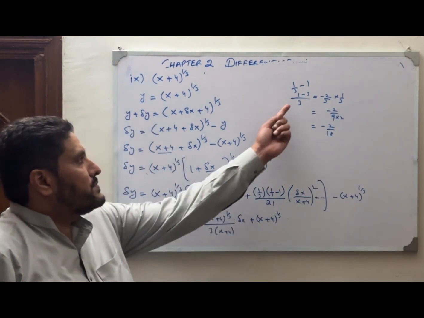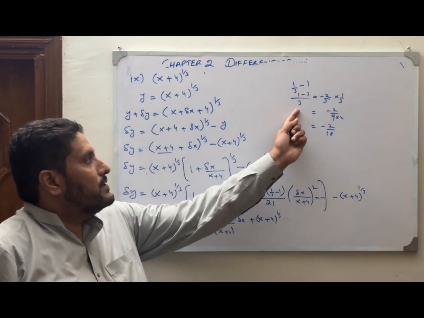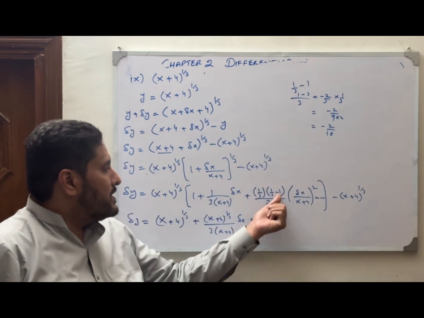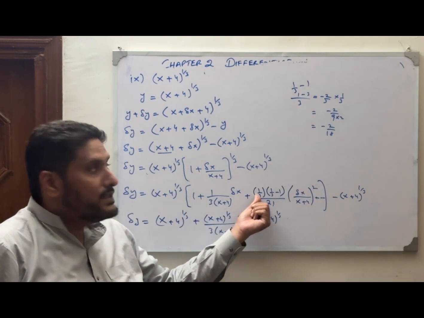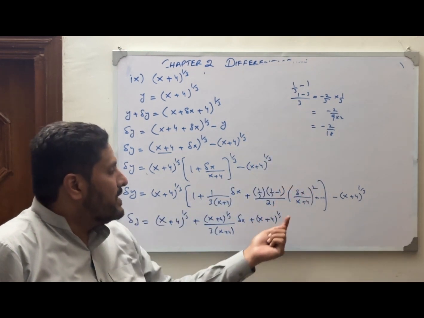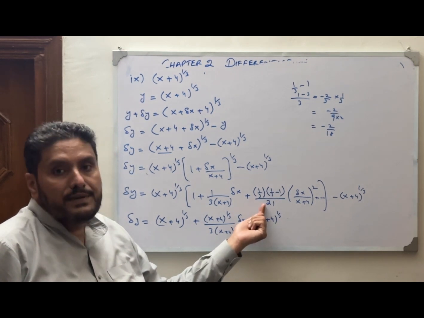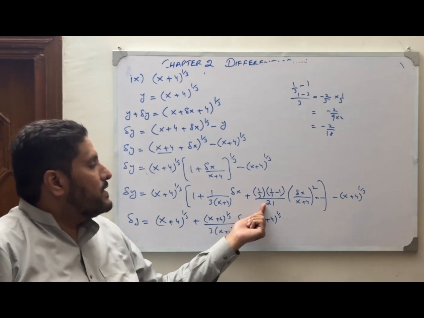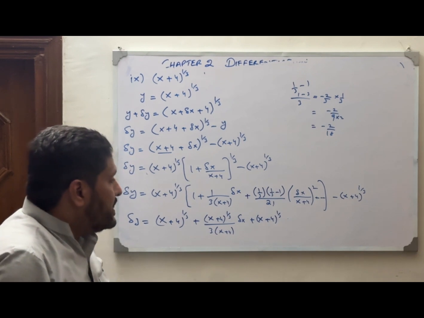So 1 by 3 minus 1 is equal to minus 2 by 3. This minus 2 by 3 is multiplying by 1 by 3, that is equal to minus 2 by 9. And then in division we have 2 factorial. When we multiplied it by 2, that will give us minus 2 by 18.